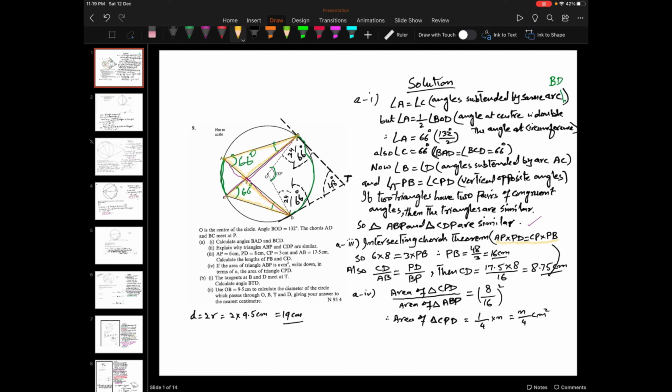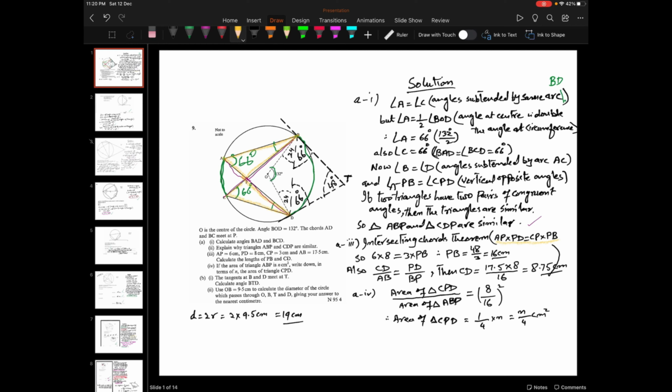Next part is the ratio of areas is equal to the square of the ratio of two sides. So substitute the values of sides. 8 over 16 whole square is equal to area of triangle CPD upon area of triangle ABP, where 8 is the side of triangle CPD and 16 is the side of triangle ABP.